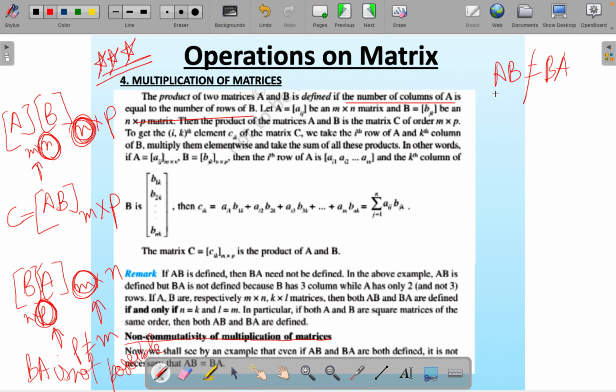Now, if AB exists, how will you find AB?